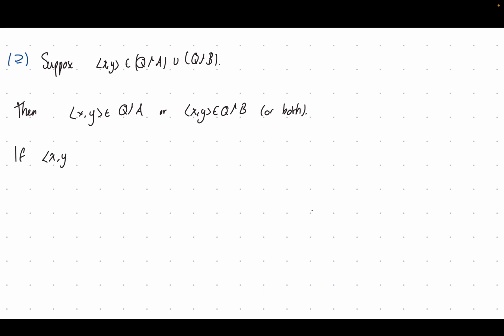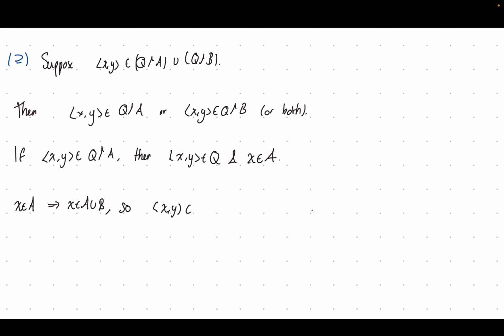If x, y is in Q restricted to A, then x, y is in Q, and x is in A. Now x is in A implies that x is in A union B. So x, y is in Q and x is in A union B, meaning that x, y is in Q restricted to A union B.